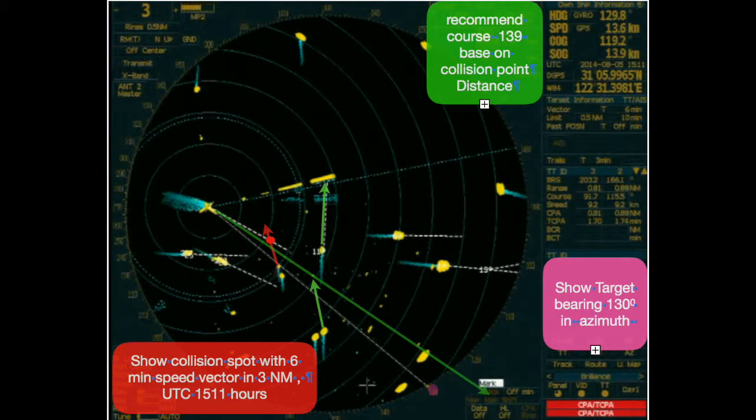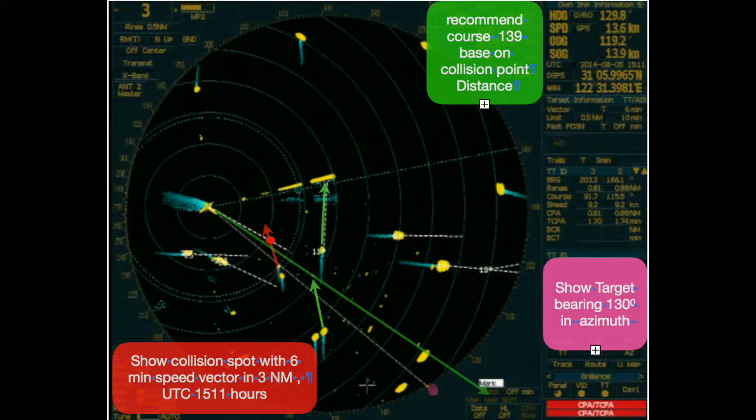In this situation, reducing the speed should come to the captain's mind, not only choosing the correct recommended course, because all targets already occupy it. So this is a hard time for the captain.